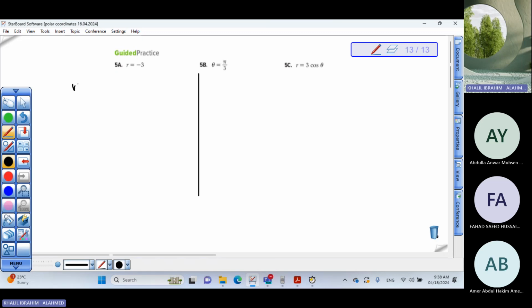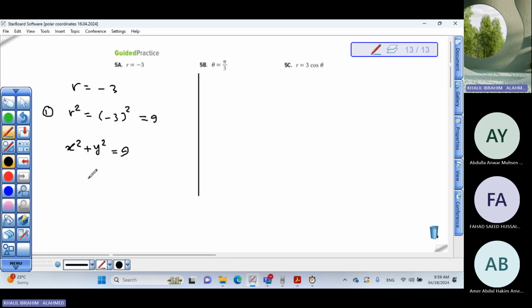In the same way here, r equals -3. Step 1, what can we do? We can write r squared equals (-3) squared. Square both sides. This equals 9. But r squared equals x squared plus y squared, so x squared plus y squared equals 9.